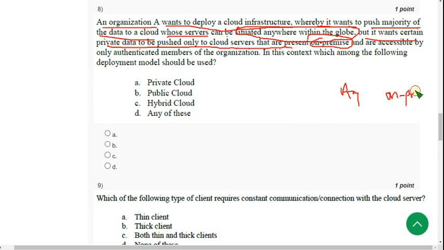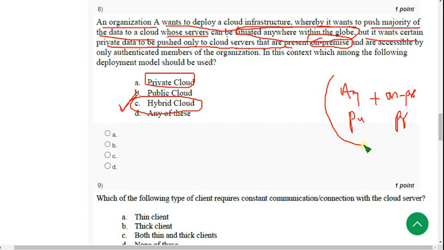So by seeing this, I am getting the solution that it is public plus private. So it could possibly be option C, hybrid, guys, but it can also be private cloud. So I'm not sure about this eighth question, but most probably option C is the answer, because here they said the majority of data can be situated anywhere within the globe, so it may be public, and definitely on premise is private, so it is a combination, so it is hybrid, right?